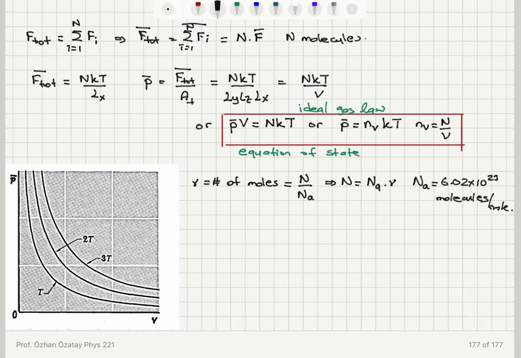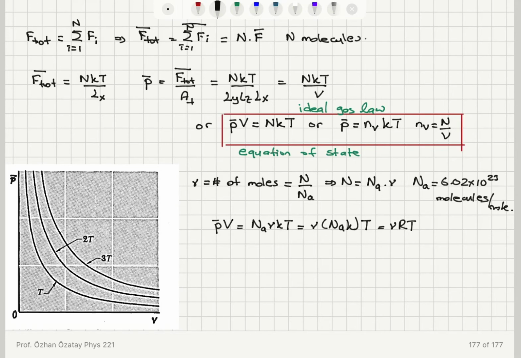So I would have the average pressure times volume is, for N, I'm using Na times number of moles, kT, and number of moles, Na k times T. So this is number of moles RT.